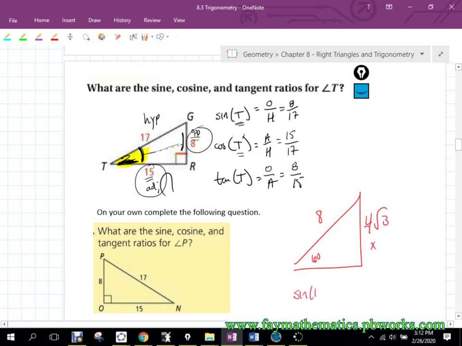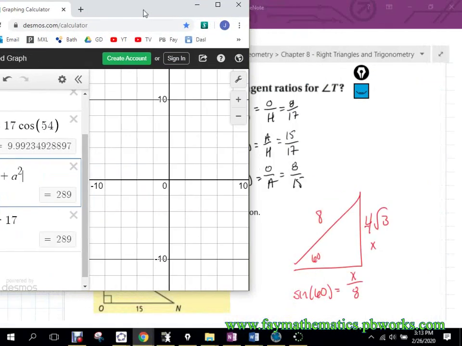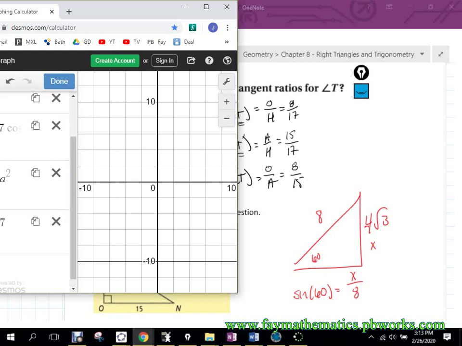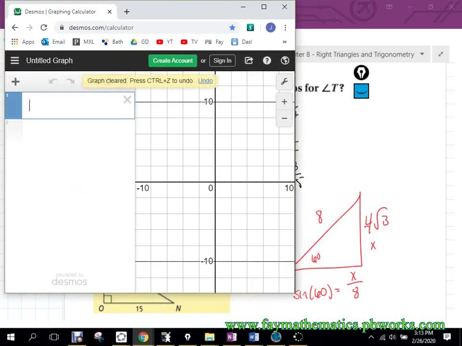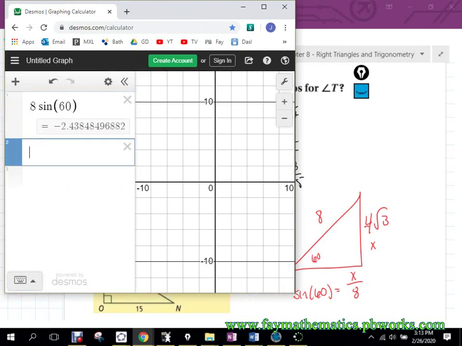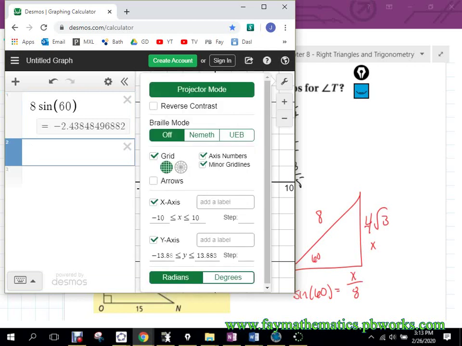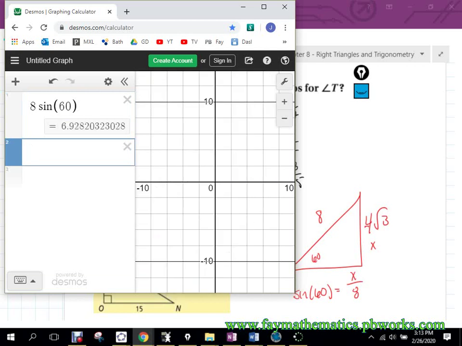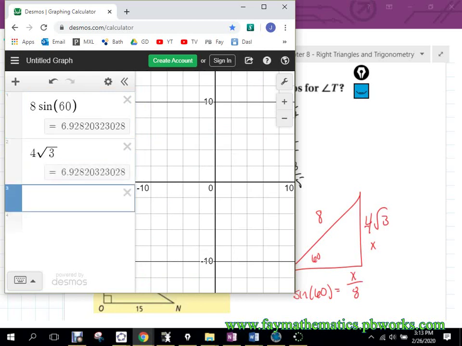I could say sine of 60 is equal to x over 8, opposite over hypotenuse, right? And we'll type in what that number is. If I type in 8 times sine of 60 degrees, sure, I'm in degrees, I get that distance right there. Well, that distance right there is 4 times the square root of 3.